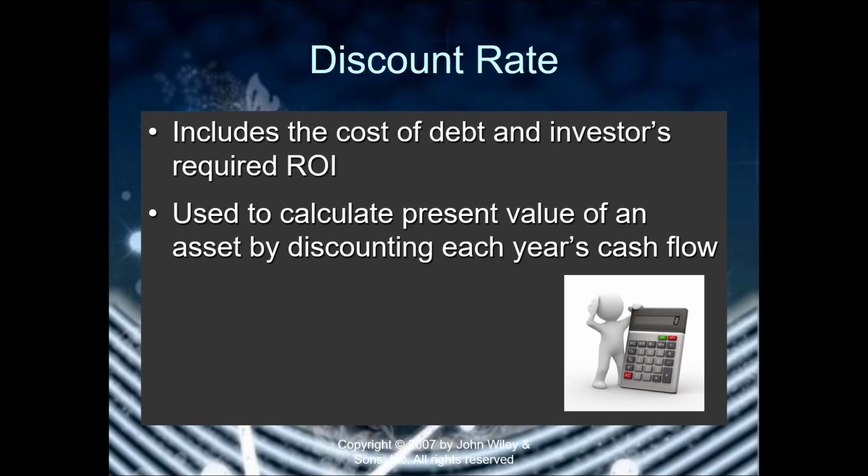So as we mentioned in an earlier chapter, what we are going to look for is that we are going to expect, unless you are told otherwise, at least a 15% return. That is what we're going to expect out of this. A 15% return needs to be our targeted hurdle rate or return on investment. And this is used to calculate the present value of an asset by discounting each year's cash flow so that we understand it.